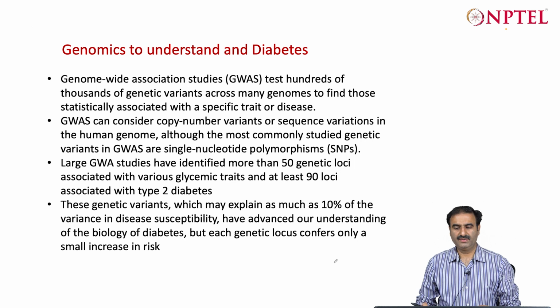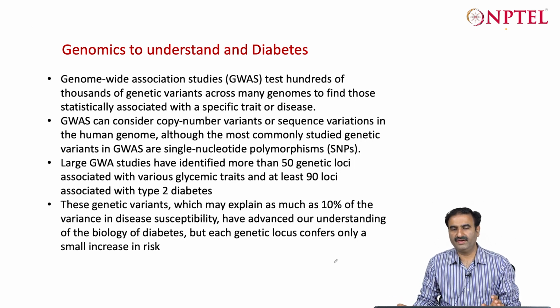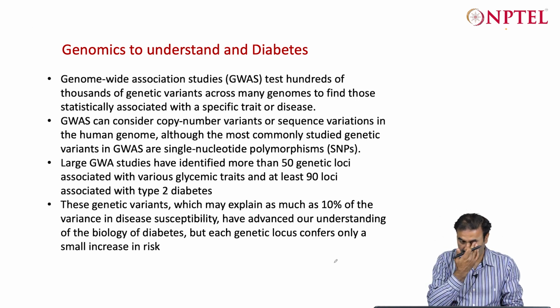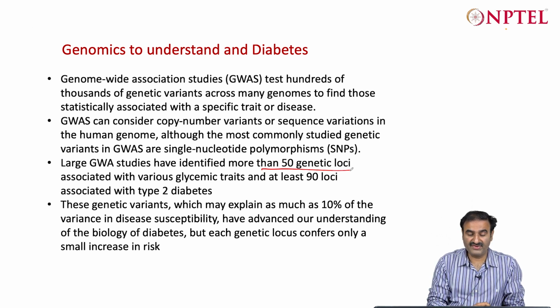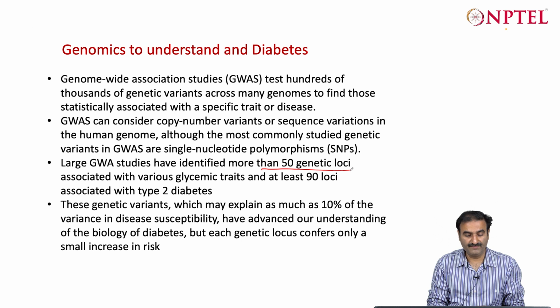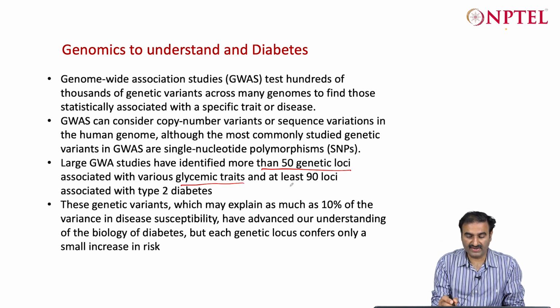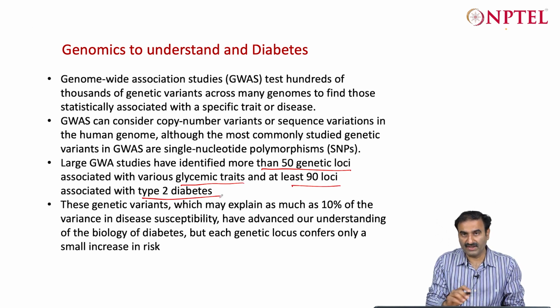So basically these studies have been very important to find thousands of variants across the genomes. Particularly in the case of diabetes, people have found that almost 50 genetic loci are associated with various glycemic traits and 90 loci with type 2 diabetes.